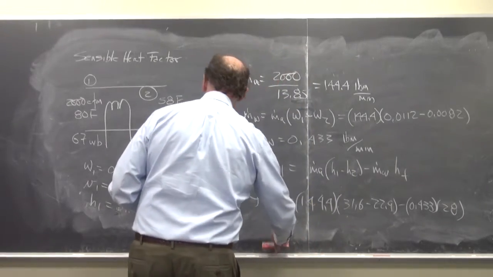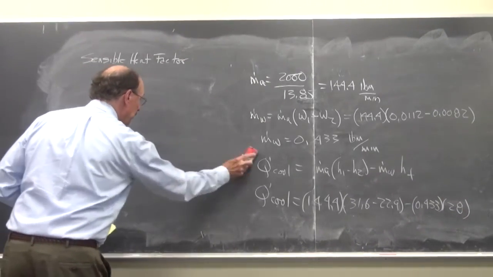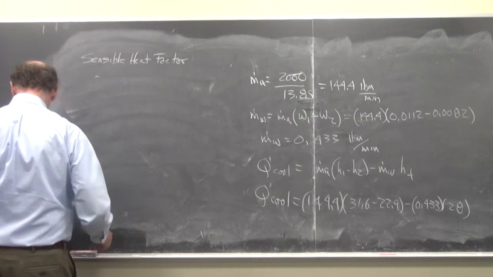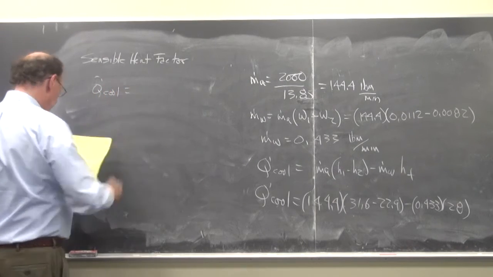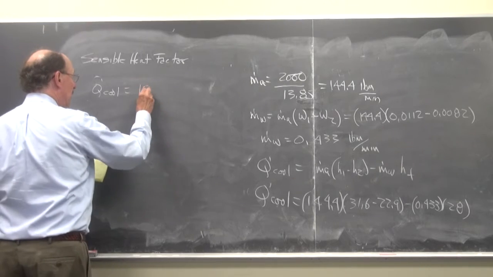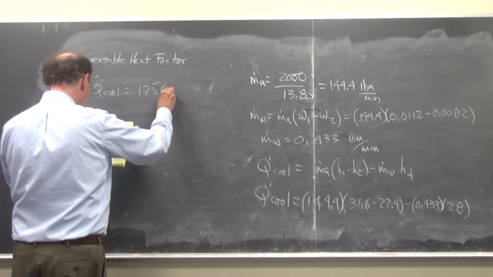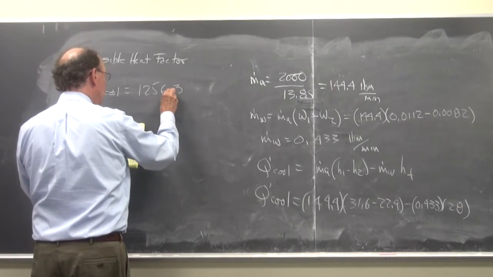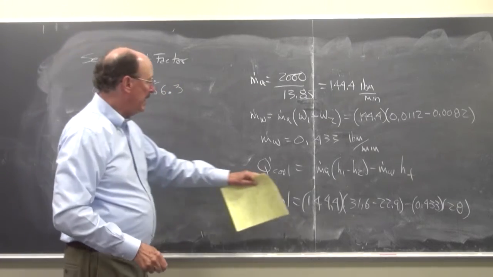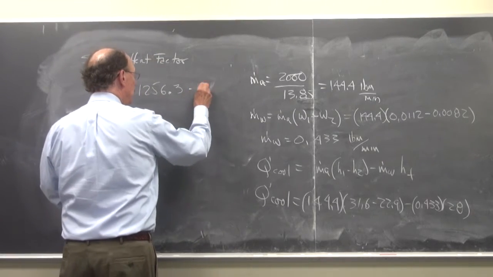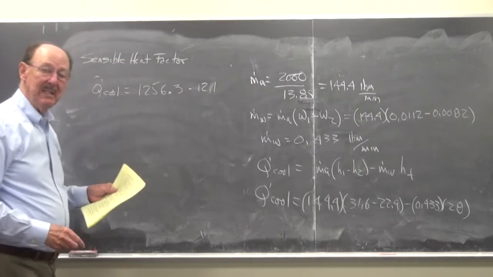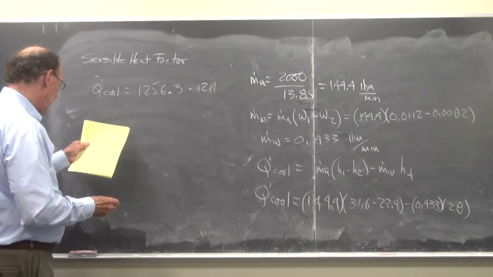So we end up with the cooling requirements. We're going to find here 1256.3, that's from the delta H term of the air, minus 12.1, which is the contribution for the water.